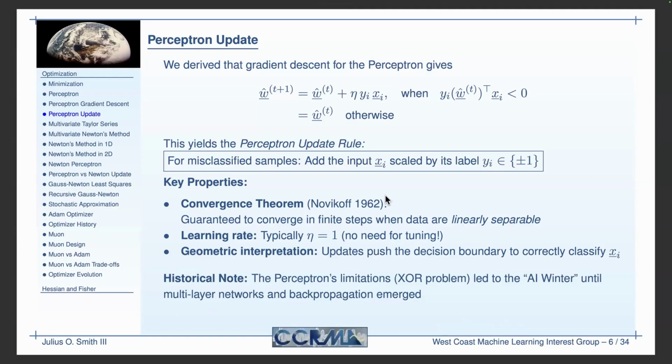So the historical note here is that the Perceptron's limitations led to the AI winter. I remember Marvin Minsky wrote something really negative about this stuff, and Bernie Widrow at Stanford was working in this area, and then people just basically decided it wasn't going to get very far and dismissed it. It didn't have a future, right?